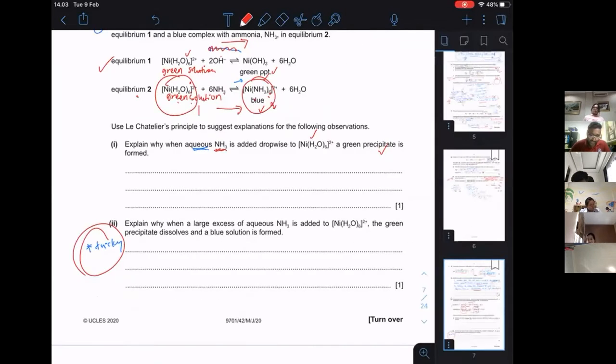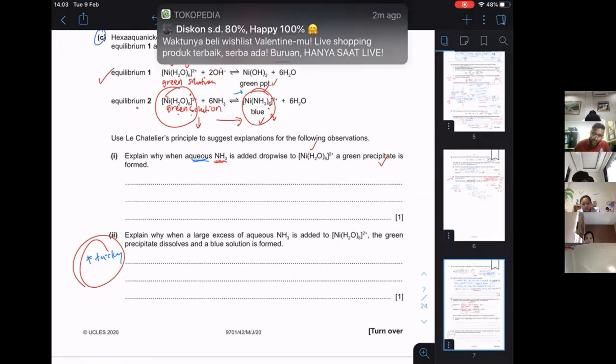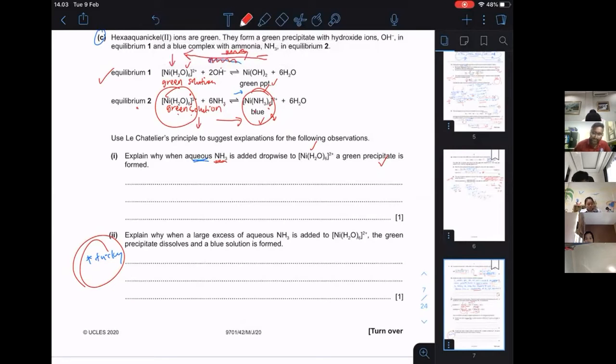The concentration will become less. When this is going to be less, you are going to make equilibrium 1 form more towards this side, to increase the concentration of the Ni(H2O)6. So in that sense, what happens is this green precipitate is going to dissolve. That is going to explain the green precipitate dissolving, and a blue solution is going to be formed.